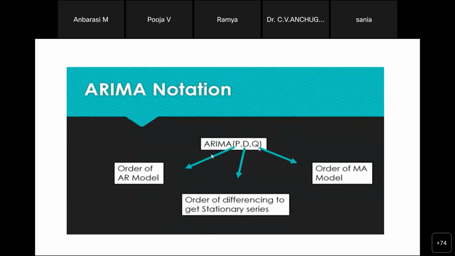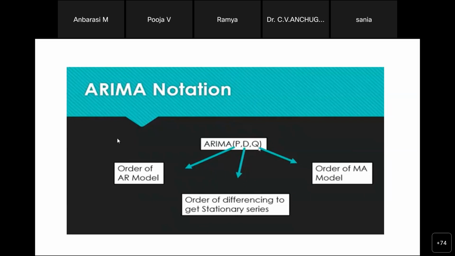Generally, the ARIMA model has 3 arguments. P is the order of the AR model, D is the order of differencing to get the stationary series, and Q is the order of the moving average model.